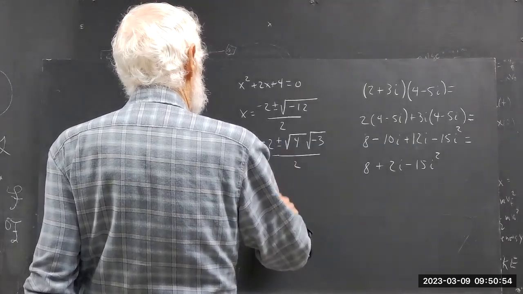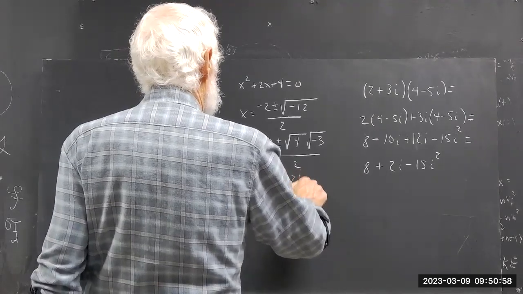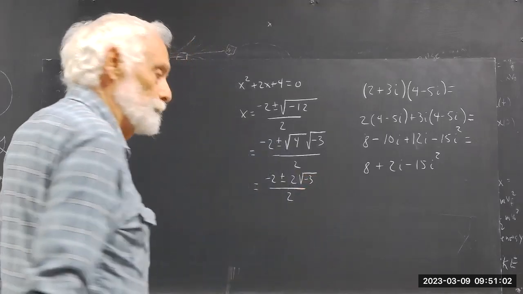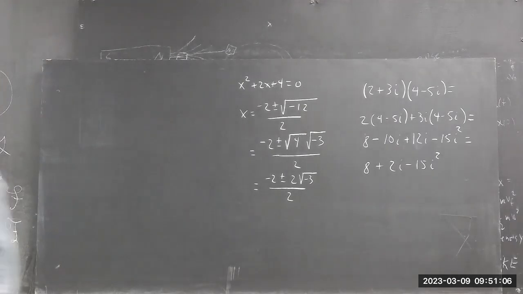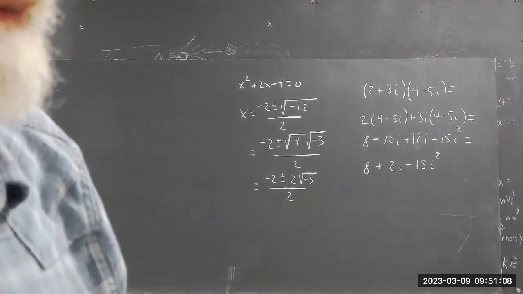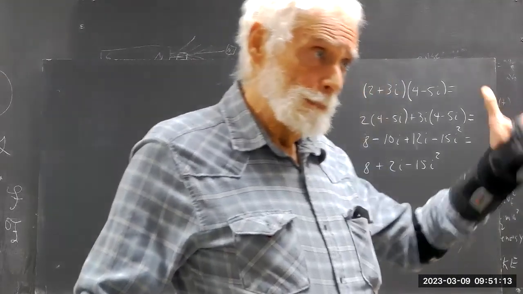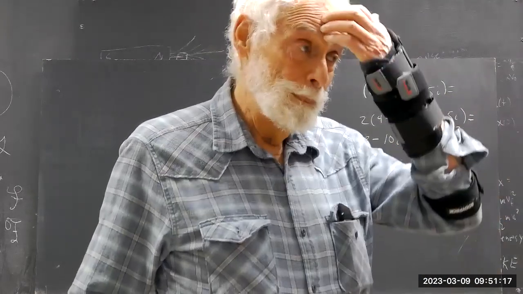I did that because now I can say that's minus 2 plus or minus 2 times the square root of minus 3, over 2. Okay. Now, the square root of a negative number. What's the square root of 25? It's 5. And why is it 5? Because 5 times 5 is 25, right?